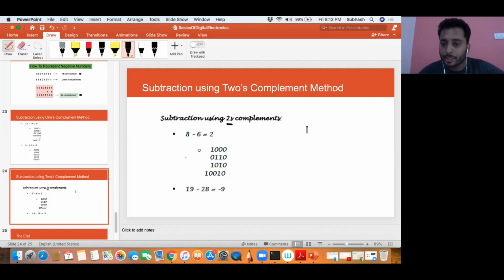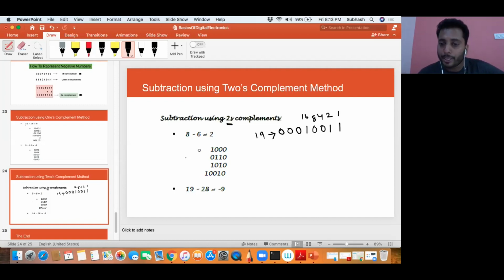So it is 10011, and the remaining bits are 000. This becomes 16 plus 2 is 18, plus 1 is 19. So this is your 19.